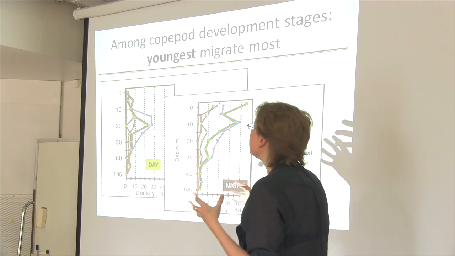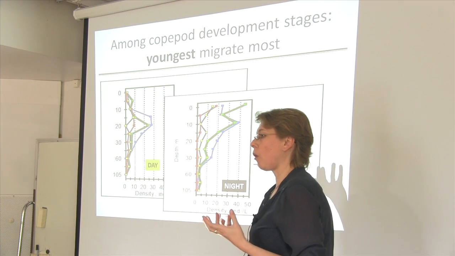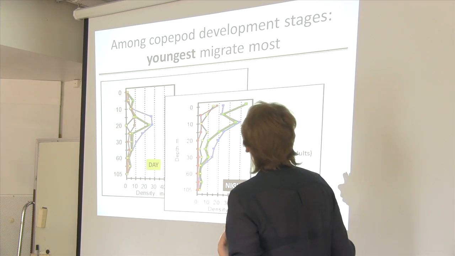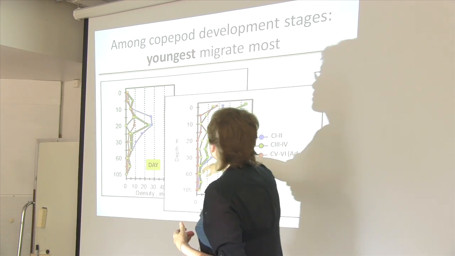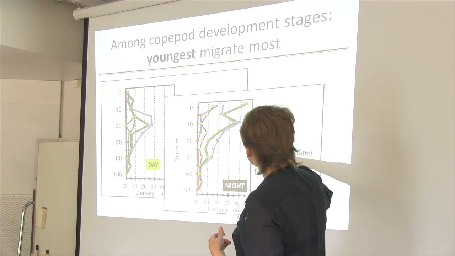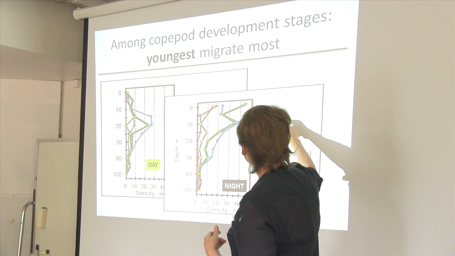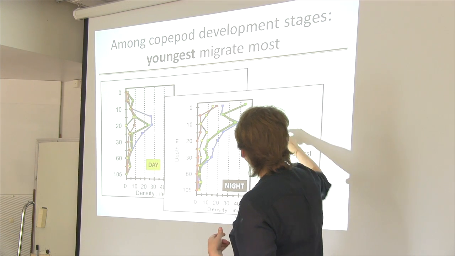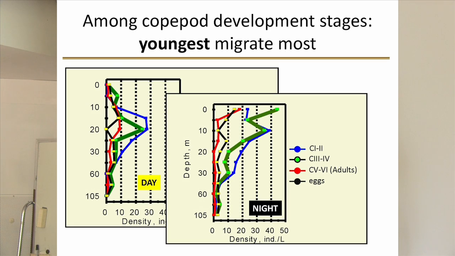So here are the different life stages of copepods, or different ages of copepods. Younger stages appear to migrate the most. So here they are ranked from eggs. Eggs should actually be on top here, and then C1 and so on. Oh no, eggs here indicate the egg production by females, which occurs along the sampling profile.